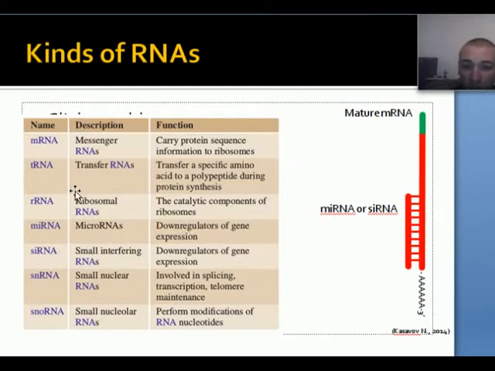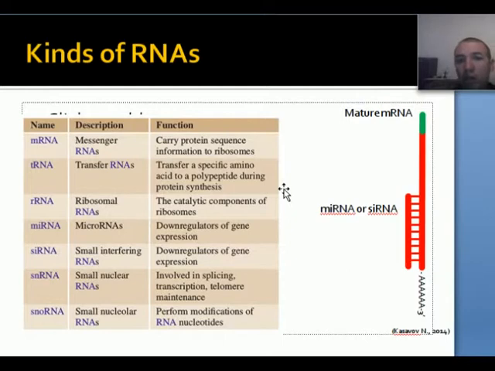We have transfer RNA. tRNAs are the ones that can translate nucleotide information to protein information. We're going to talk about tRNAs a bit further. We have ribosomal RNAs that are catalytic parts of ribosomes. They are like parts of the big machine called the ribosome.